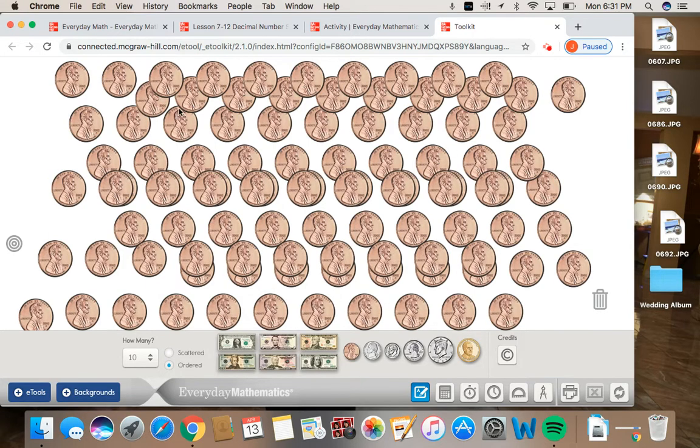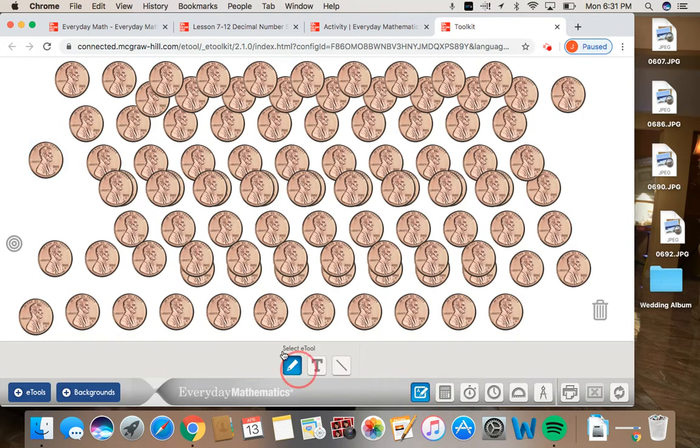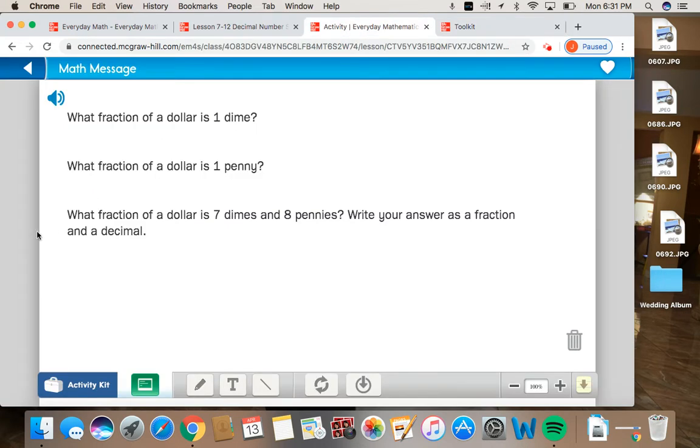So here I have 100 pennies, which is a full dollar. So what if I want to isolate this 1 penny over here? What fraction of a dollar is that 1 penny? It's 1 part out of, did you say 100? Let's see. So hopefully you said that is 1 out of 100. There you go, 1/100. So let's go back to our math message.